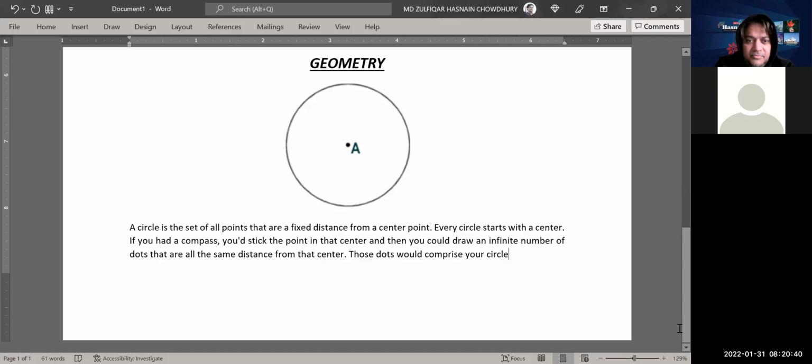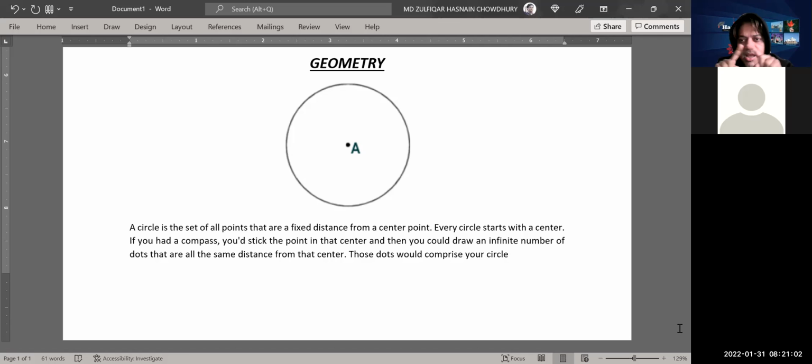If you had a compass, you'd stick the point in that center, and then you could draw an infinite number of dots that are all the same distance from that center. These dots would comprise your circle. So your circles basically consist of many dots.